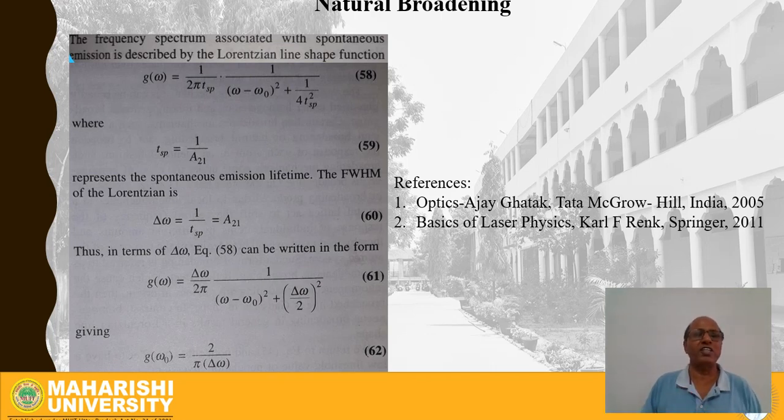So in spontaneous emission, we observe the natural broadening because you can't control it. And in a laser system, spontaneous emission has a lower contribution. So you can say that I don't find a laser system having a significant contribution from natural broadening.